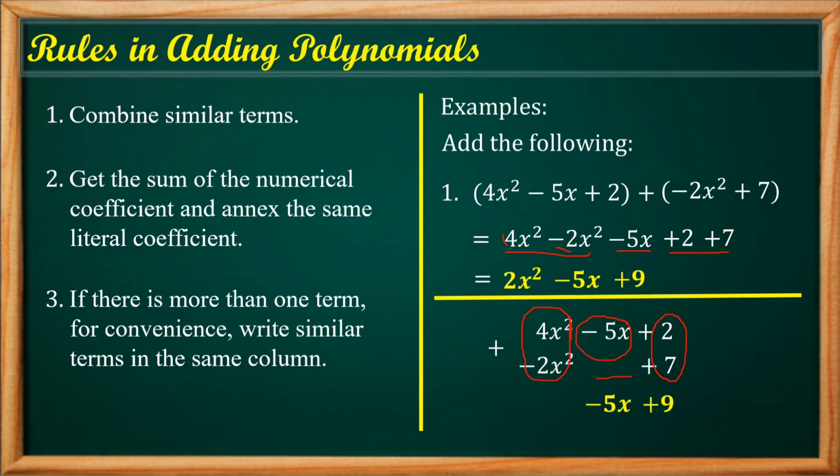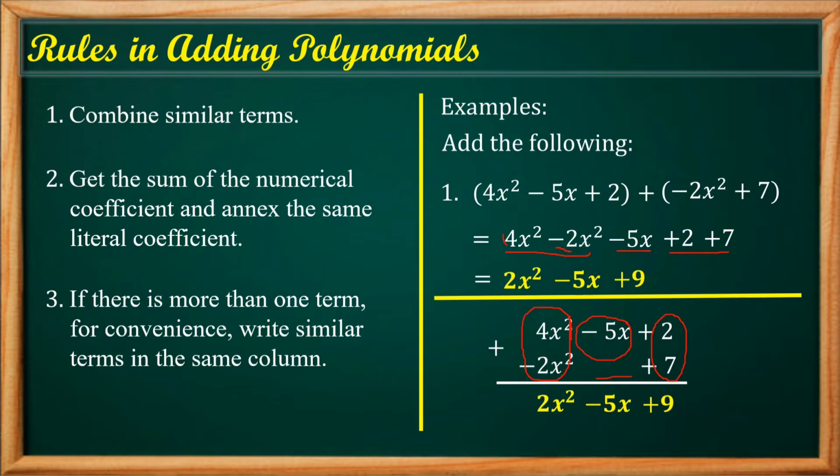Then, apply add. Start tayo sa right. 2 plus 7 is 9. Then, copy negative 5x. Then, 4x squared plus negative 2x squared is 2x squared. The same ang answer natin dito, kung ipagtabi natin ang similar terms or arrange in column.